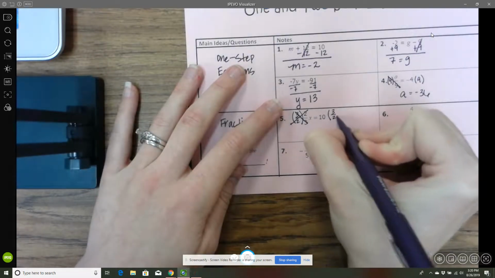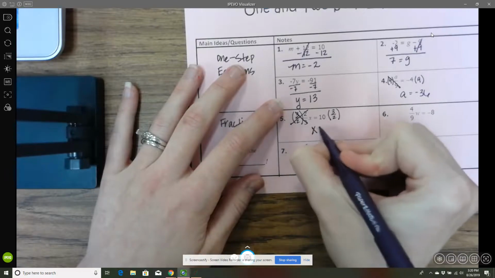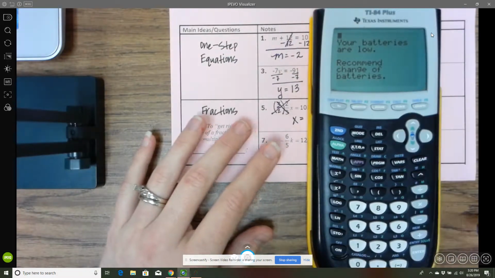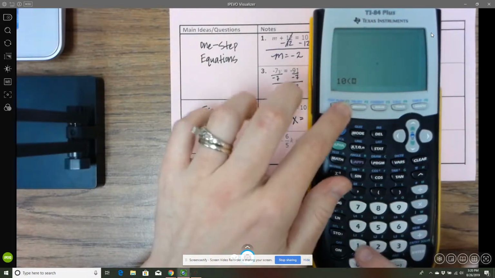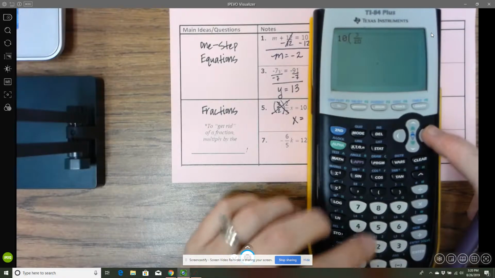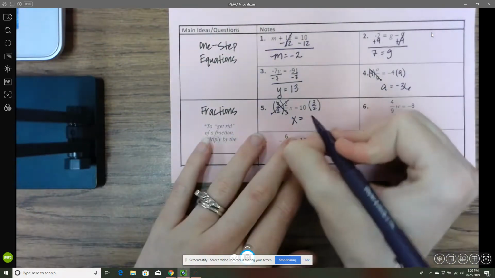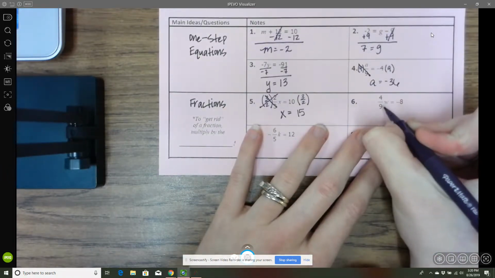And then I would have to multiply this side by 3/2 as well. And you can use your calculator to do the math part of this. So if I would do 10 times 3 over 2, I would get 15. So x equals 15.